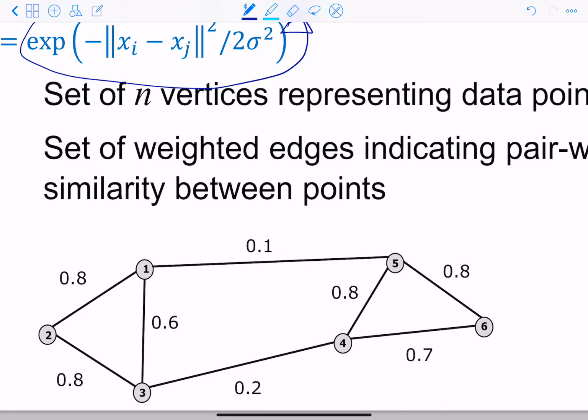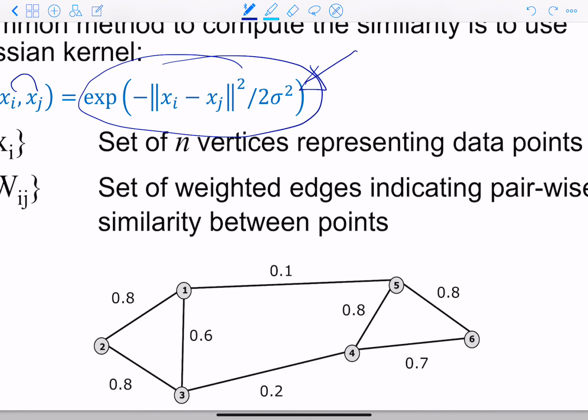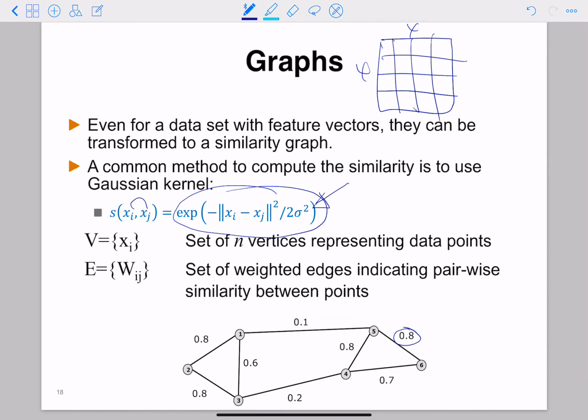So originally the graph is given for our data items, but here between 1 and 4, the edge is not defined at all. In this case, we can view that as having zero similarity. Okay, but anyways, this is the graph that we are given as the pairwise edge relationship. So if we have a large value, then it will have a large similarity.